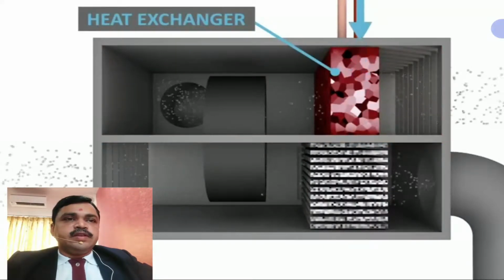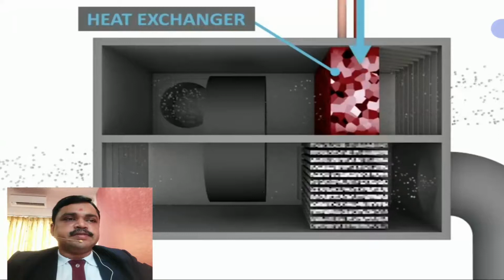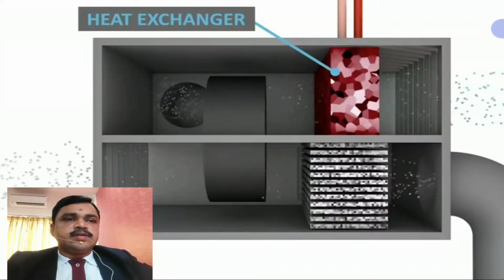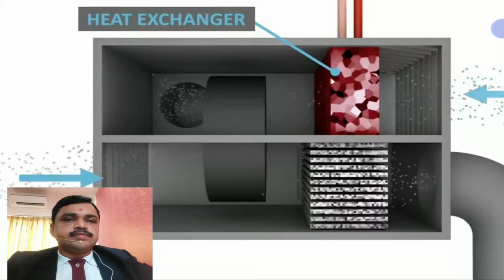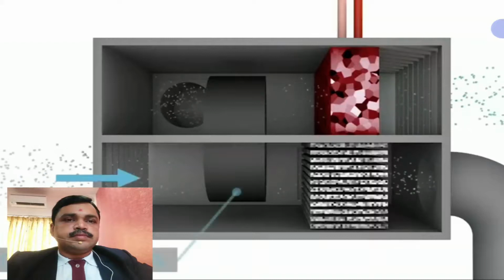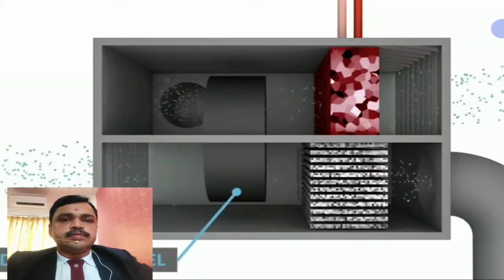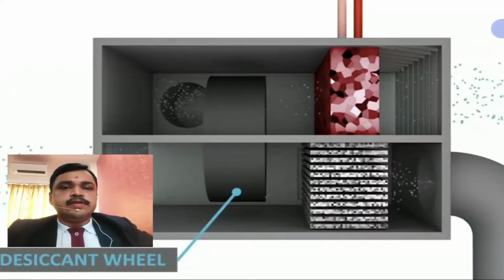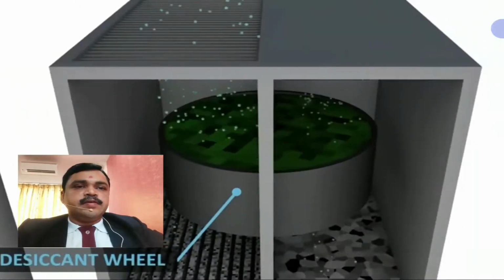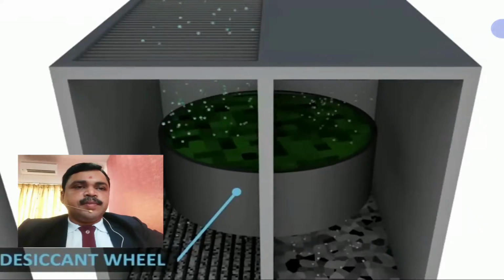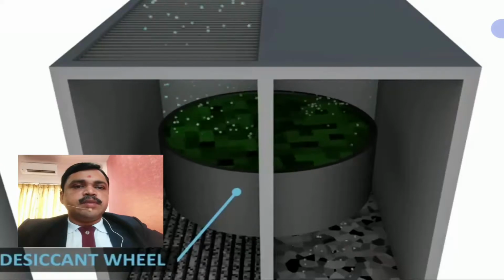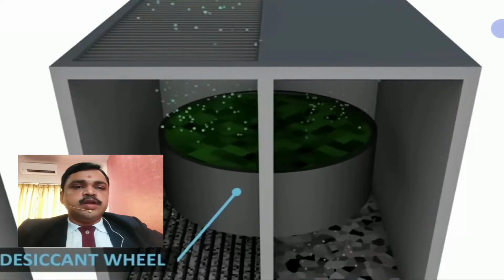This is the heat exchanger, and this is the desiccant wheel, where heat exchange takes place by water to refrigerant.